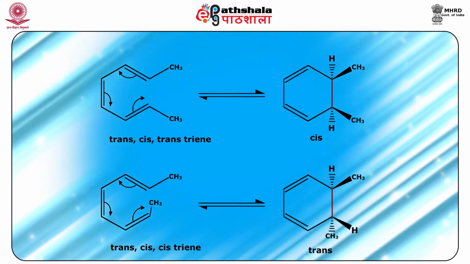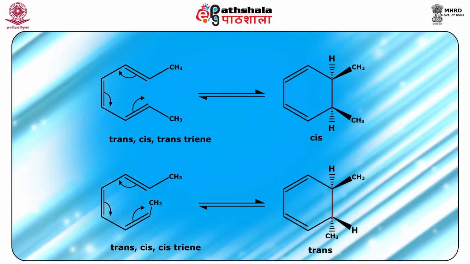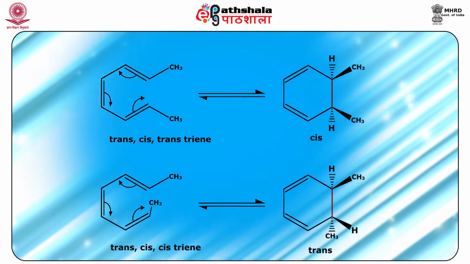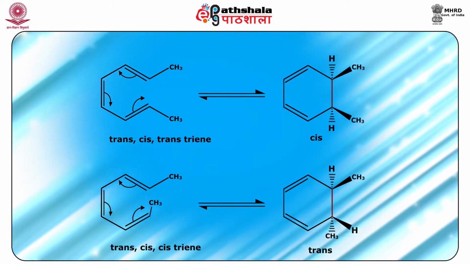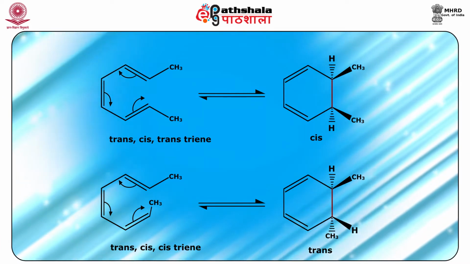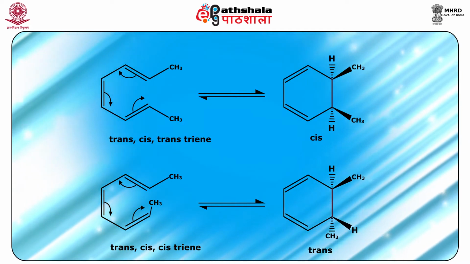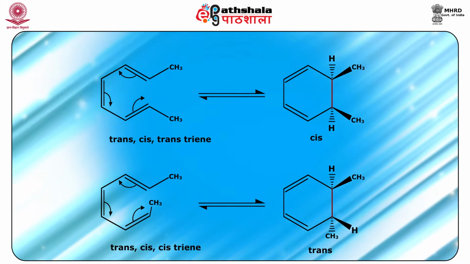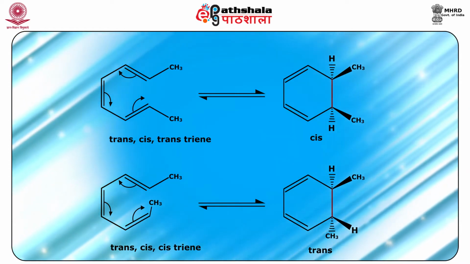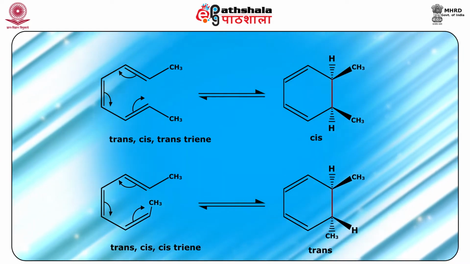If we look at the stereochemistry of electrocyclic reactions, in the following reaction, one stereoisomer gave rise to one specific product only. As you can see, the trans-cis-trans triene resulted in a cis ring formation. In the second reaction, a trans-cis-cis triene results in trans conformation of the new ring.